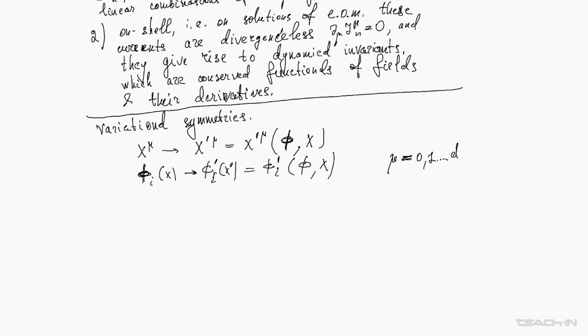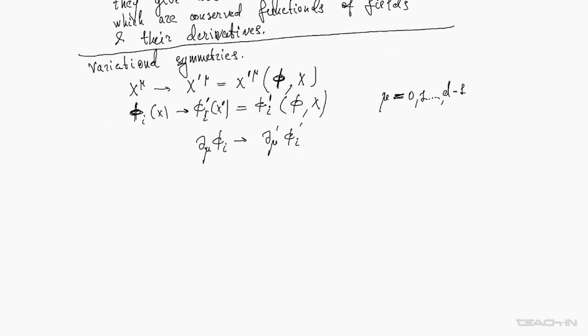Now the derivatives of the fields under these transformations will change accordingly. So ∂_μ φ^I will go to ∂'_μ φ'^I. So we are changing simultaneously coordinates and fields. In general, such transformations can be rather non-trivial, because you are not only transforming space-time coordinates, but you are also transforming fields.